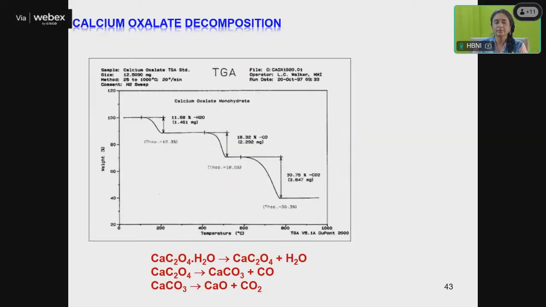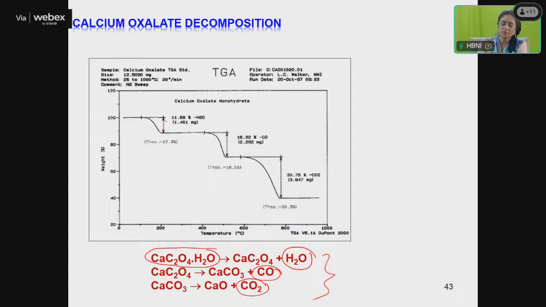So this is a typical example of calcium oxalate decomposition. This is the calcium oxalate. First it will lose a water molecule, then on more heating it will lose CO, carbon monoxide, then it will lose carbon dioxide. So this is the cycle which you can corroborate with your TGA curve. See here, this is one weight loss, second weight loss, third weight loss.